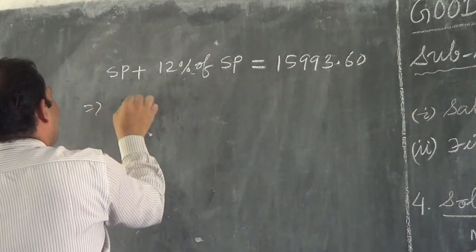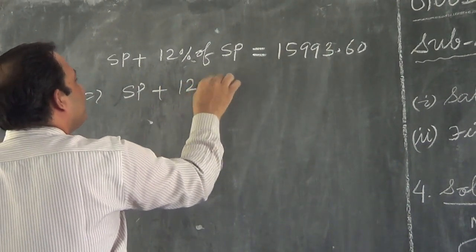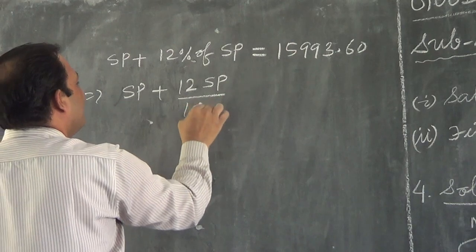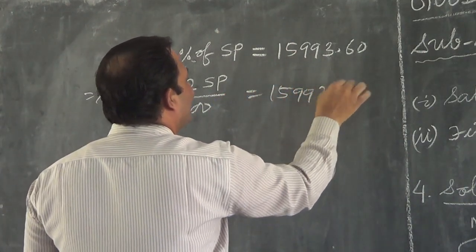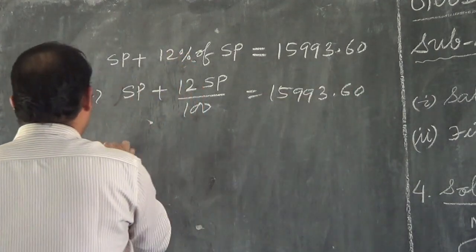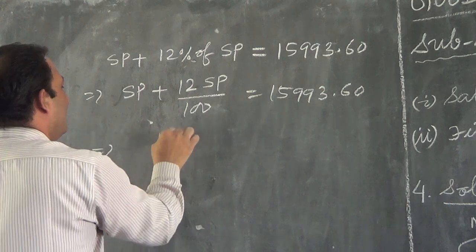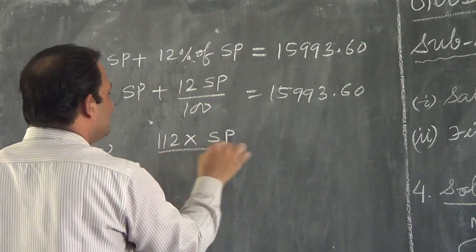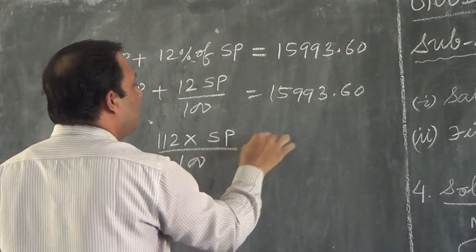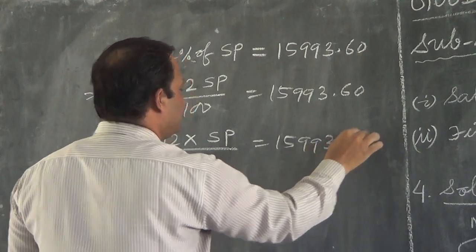15993.60. That implies SP plus 12 SP by 100 equals 15993.60. That implies 100 into SP, 100 SP, 100 plus 12, 112 SP by 100 equals 15993.60.